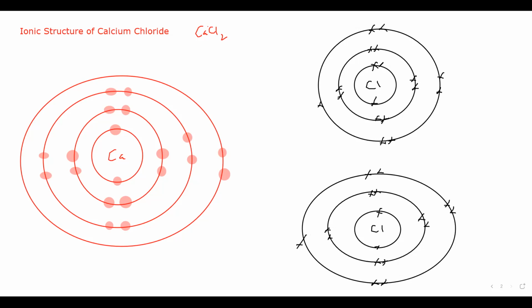Now this chlorine already has 7 electrons, so it needs only 1, and this chlorine also already has 7 electrons, so this also needs 1.